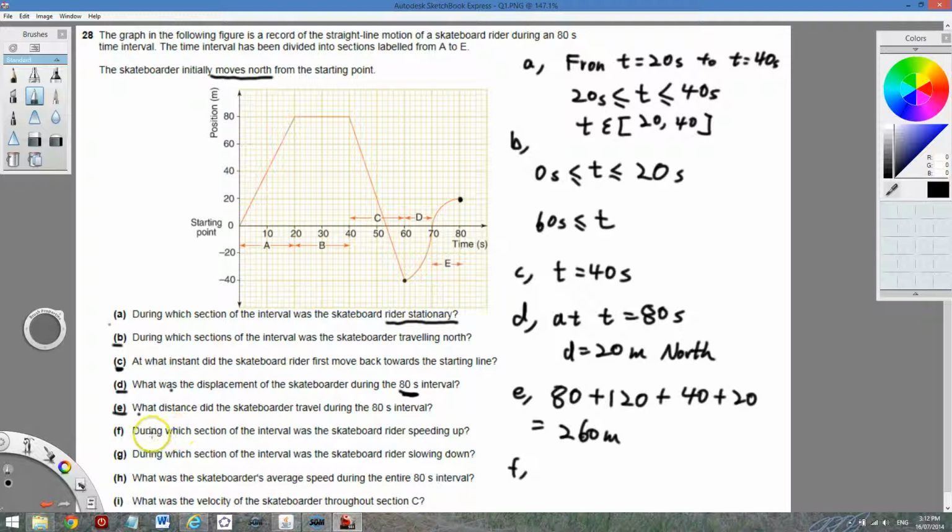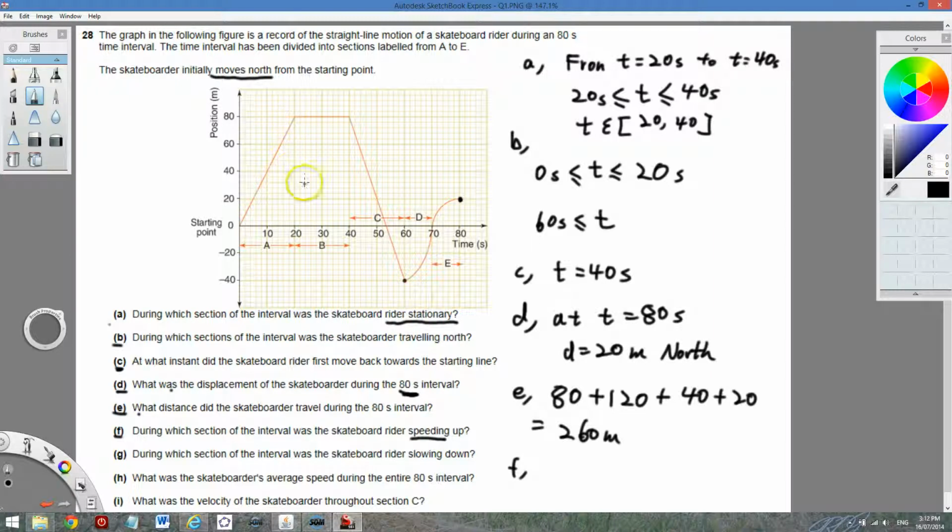For question F, we need to find the section of the interval where it is speeding up. Now, remember when we talk about speed, we have a displacement and time graph, so we can find the velocity or the speed by finding the gradient of this graph.